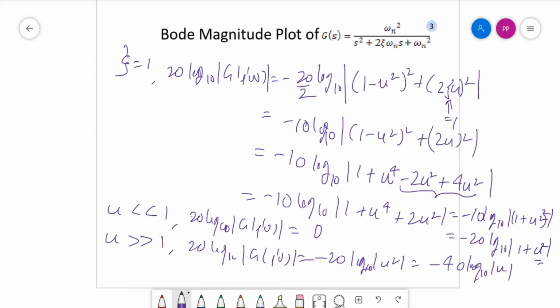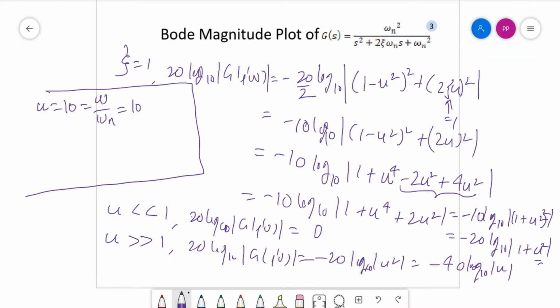Now you see, for damping ratio 1, the slope of the magnitude will change by 40 decibels, meaning it will reduce by 40 decibels if the frequency is increased by 10 times. So if I consider the situation when u equals 10, I have normalized because u equals omega by omega n, which is equal to 10, meaning omega is increased to 10 times, so it is increased by 1 decade.